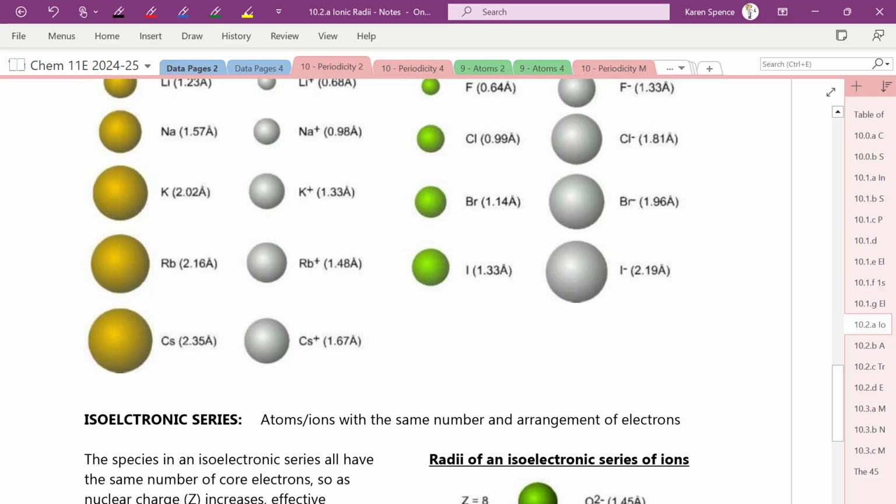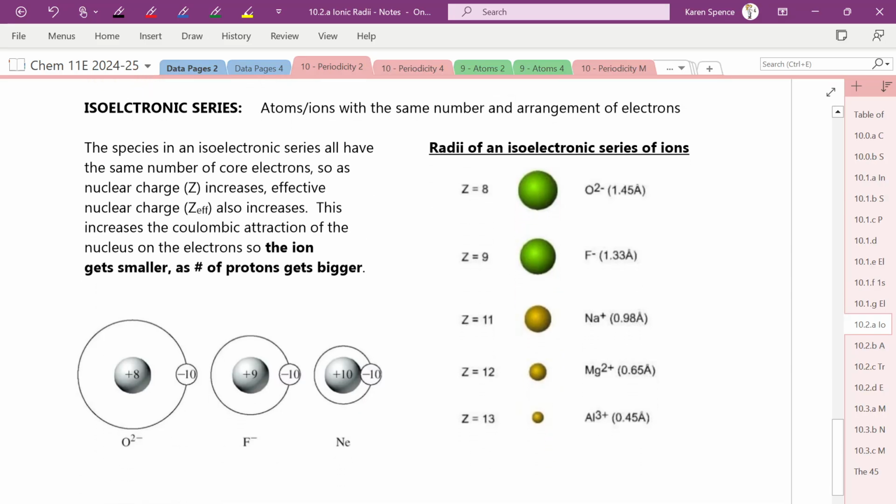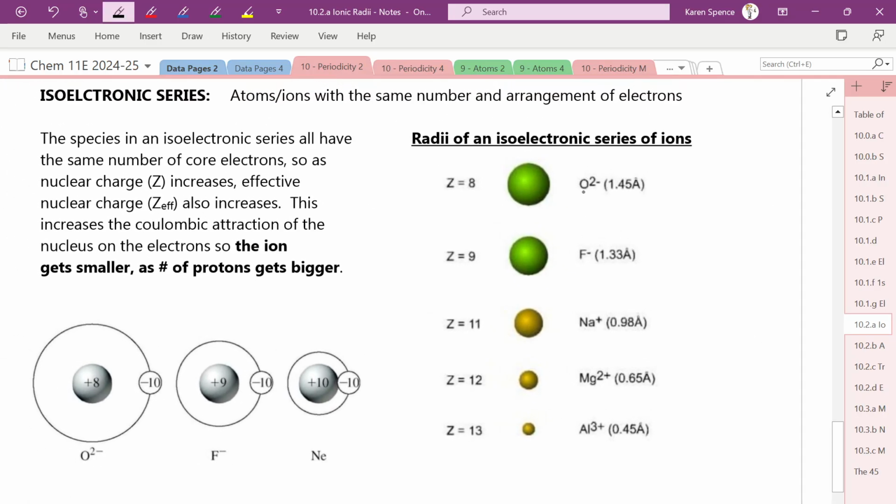And once again, we get into the isoelectronic series, which we did talk about before. All of O2 minus, F minus, Na plus, Mg plus, and Al3 plus, those are all isoelectronic. What does isoelectronic mean? Same number of electrons, same electron configuration.